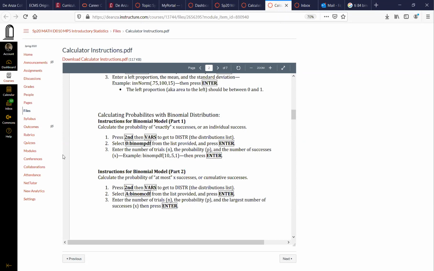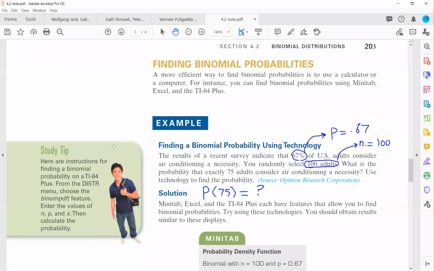This is the instruction. Let's get back to our example. Okay. So, second was 0, which is binomial PDF, probability distribution function.